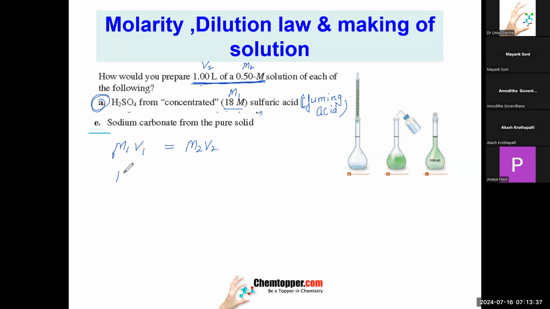Then 18 times V1 is 0.50 times 1.00. Take care, you should have your answer in two significant figures. So how much is V1, children? 0.028 liters, which means 28 ml.